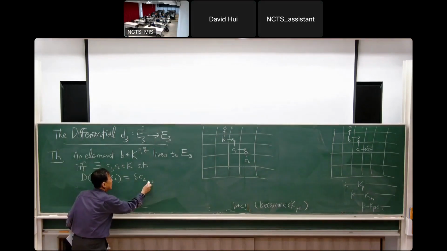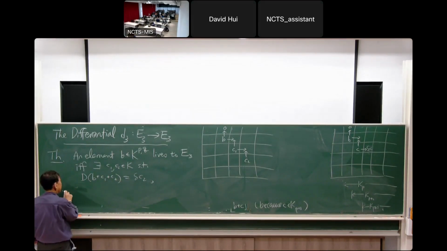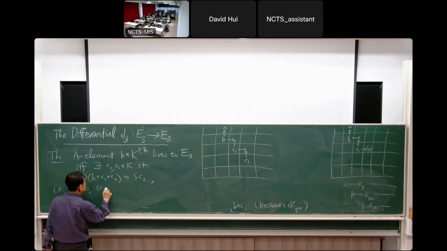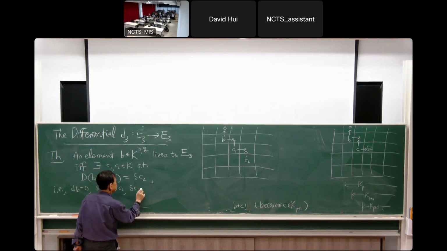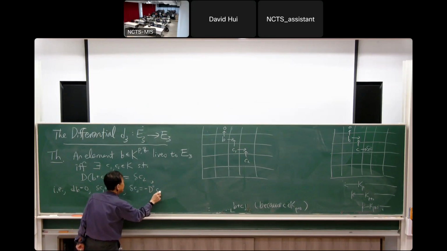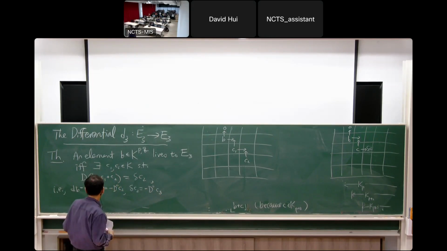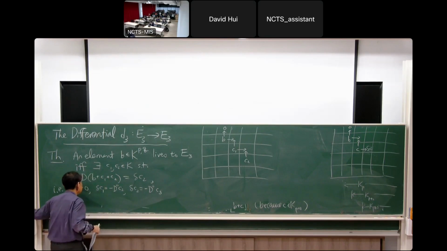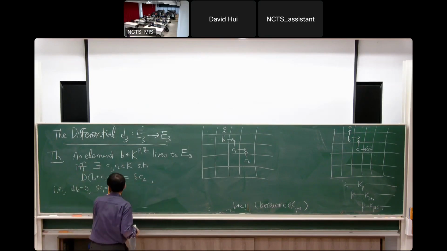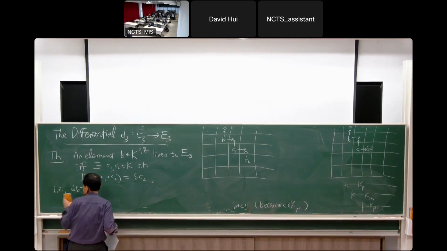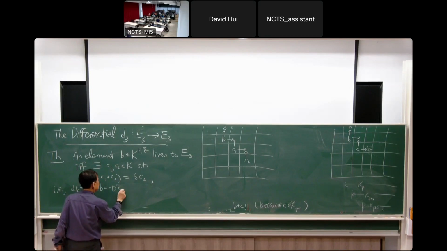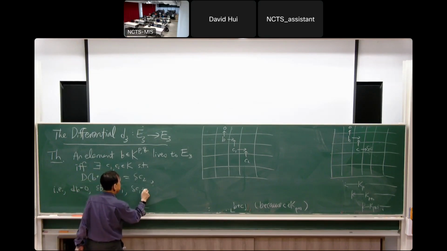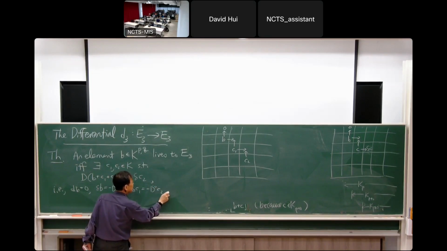So if you write this out, what it means is that delta B has to be minus D double prime C1 and delta C1 is minus D double prime C2, okay?